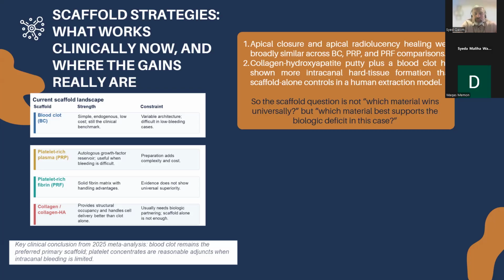There was another study in which they used a collagen scaffold or collagen hydroxyapatite, and they showed that it may be more useful when paired with a signal or a cell source.